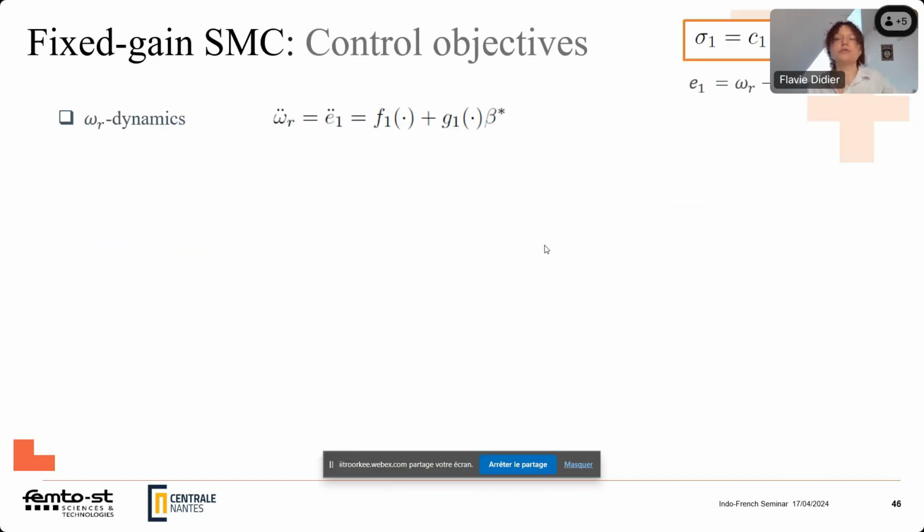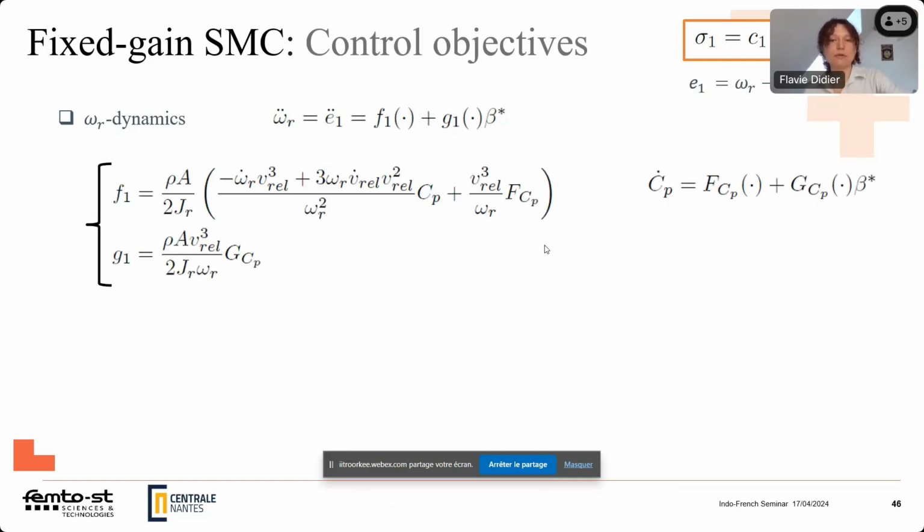Using the second derivative of the sliding variable is equivalent to having the second derivative of E1 and E2. First, the second derivative of E1 is given here by the expression with F1 and G1 expressed as follows, and we use the polynomial expression of Cp.